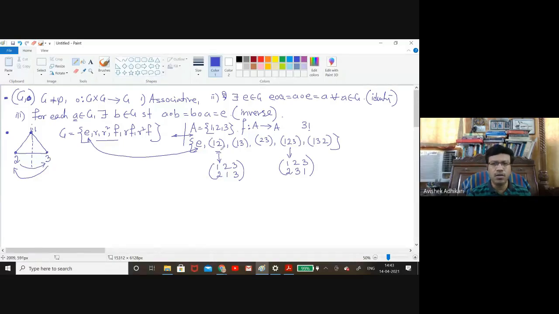That means 3 remains, sorry, 1 remains fixed. That means (2 3) will be my flip, because here 1 goes to 1, 2 goes to 3, and 3 goes to 2. So this is represented through this flip. So here the flip is nothing but this element and so on.